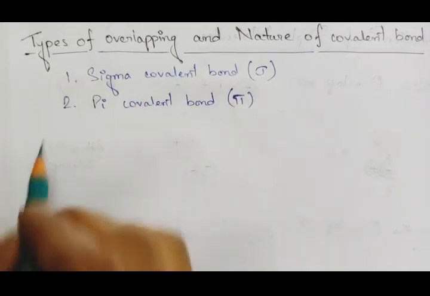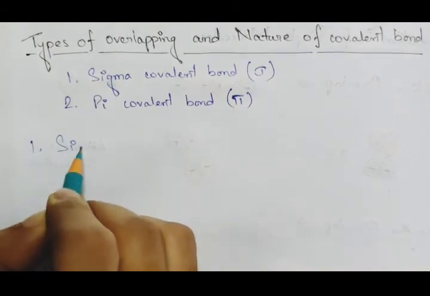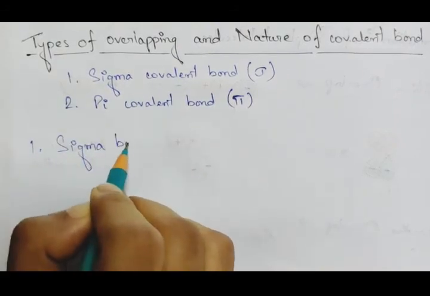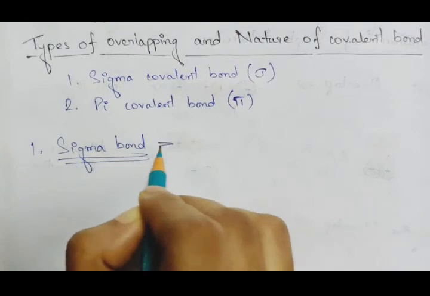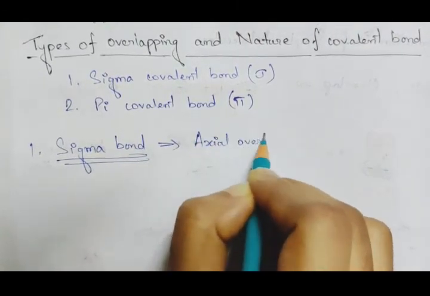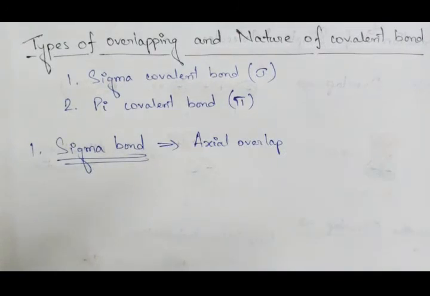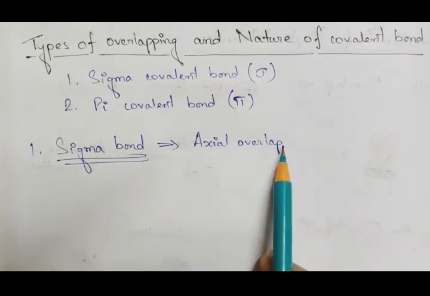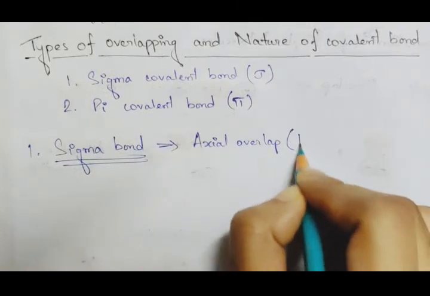In the case of the sigma bond, there is axial overlap: the two separate half-filled atomic orbitals overlap axially. This type of bond is also called head-on overlap.